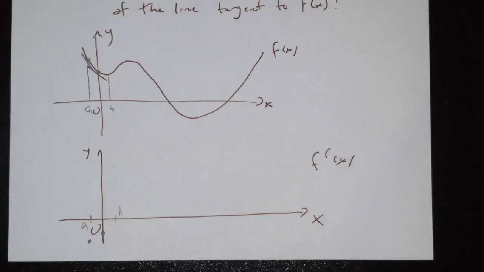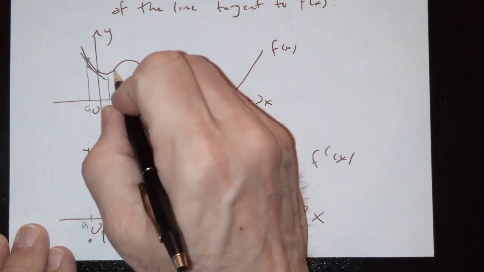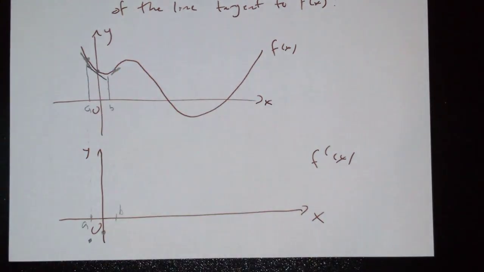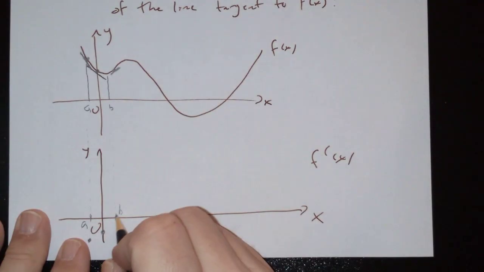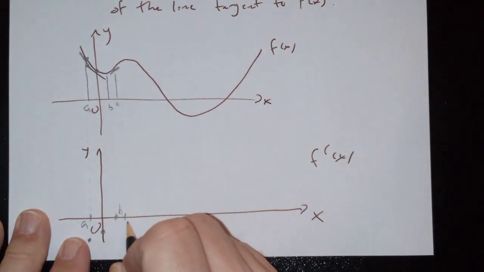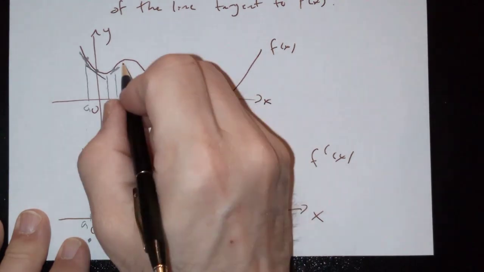As I keep moving over, what happens? Well, I'm sure it's positive over here, right? What happens between negative and positive? I should have a 0 somewhere. The intermediate value theorem, right? So I might get that here and maybe this point C. It'll be a positive number.